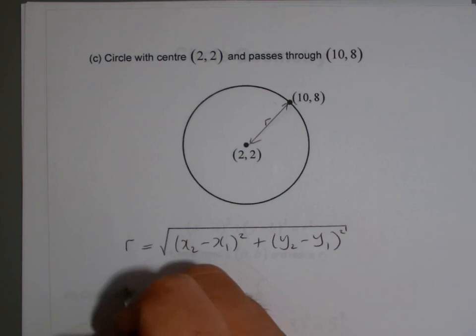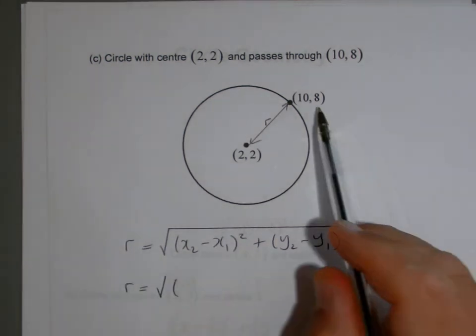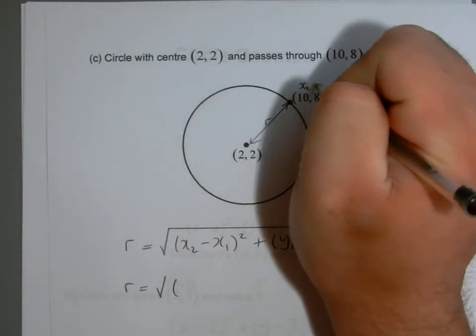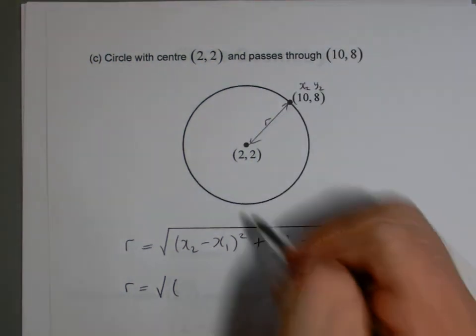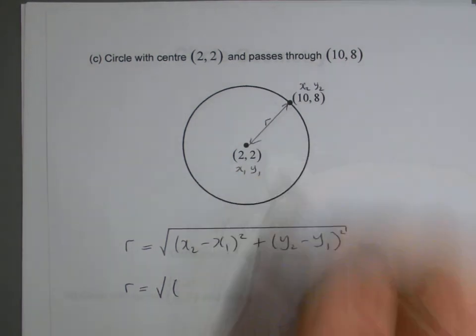All you do then is substitute in the values. You can call this your x2, y2, which would be the second coordinate, and you can call this your first coordinate, x1, y1.